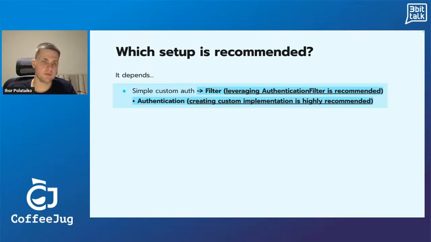And then you have to also define your own implementation of the authentication interface. And even though you can access the authentication implementations from the out-of-the-box mechanisms, it's highly recommended, if you don't leverage out-of-the-box mechanisms in your setup, to create your custom implementation instead.